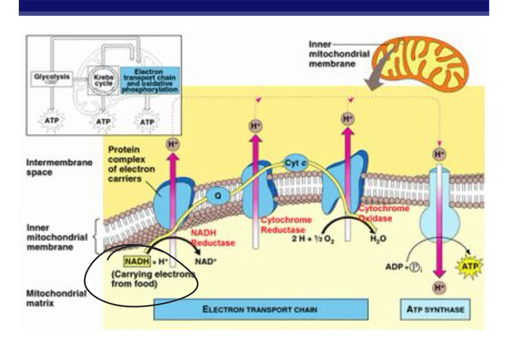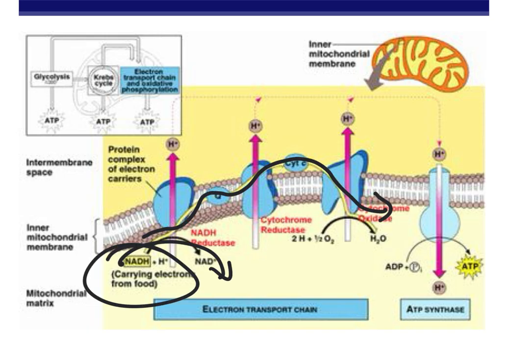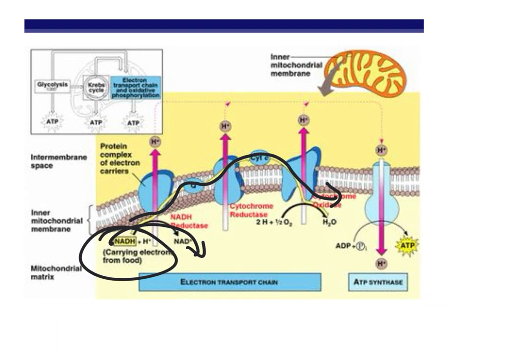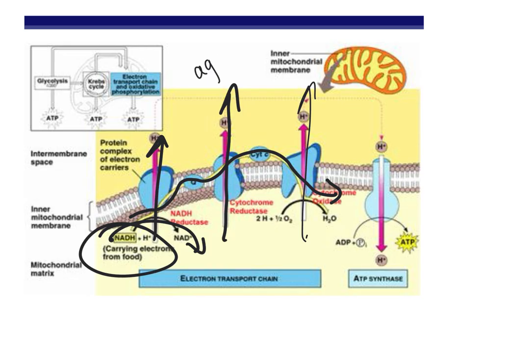So instead of having to excite the electrons, they're already excited and they release them. And when they do, those electrons end up going through these chains of membrane proteins. And what they're doing, very similar to what we saw in photosynthesis, is using the energy from those electrons to actively pump hydrogen ions against the concentration gradient.